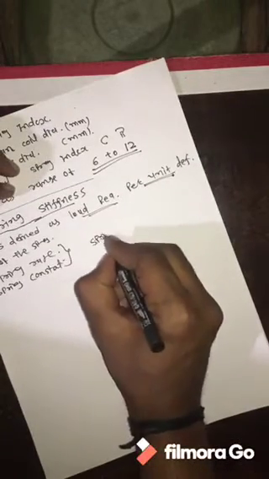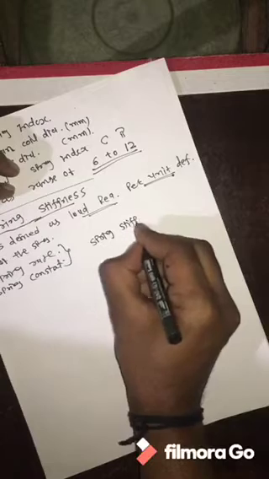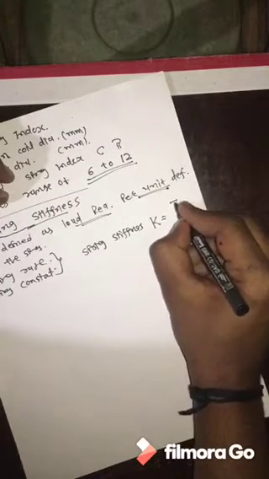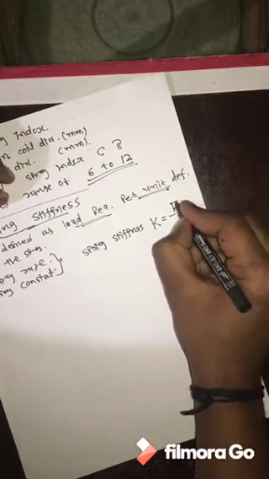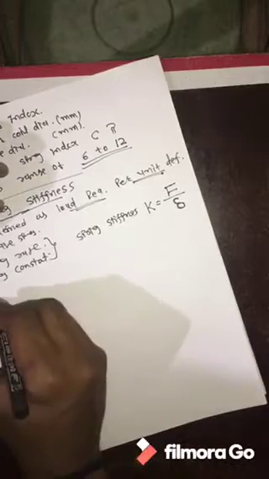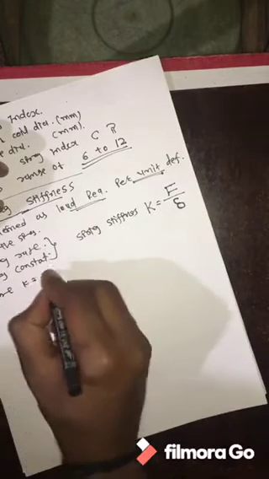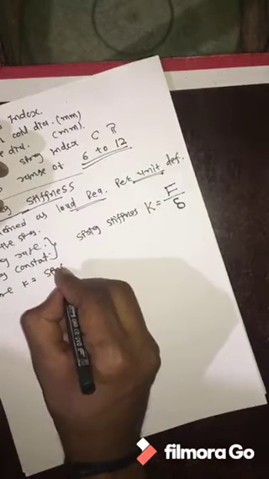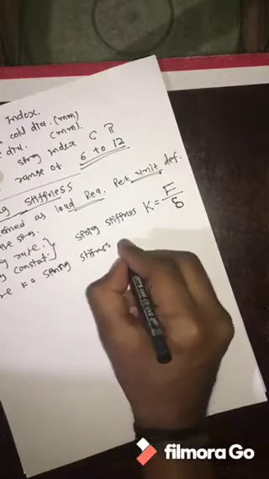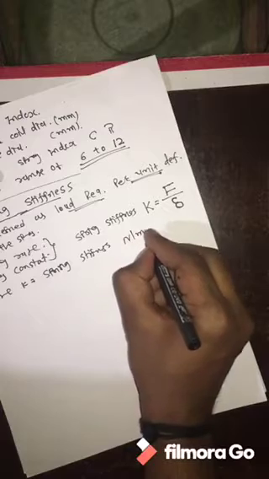It is denoted by K. So spring stiffness K is equal to the load required, that means capital F, upon unit deflection, deflection means delta, where K is the spring stiffness, in terms of Newton per mm.